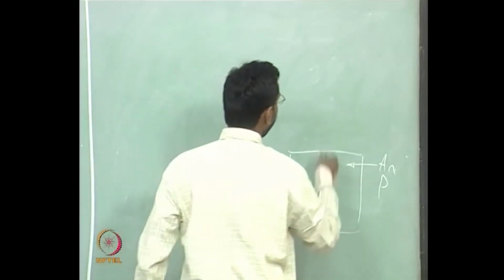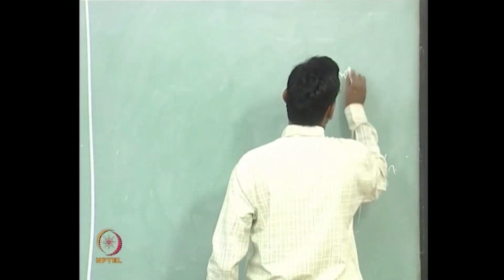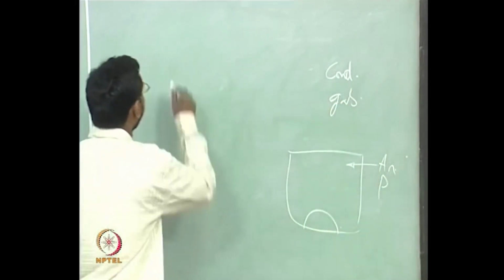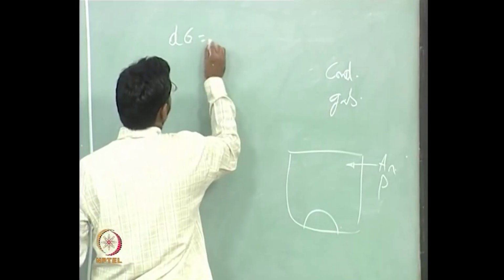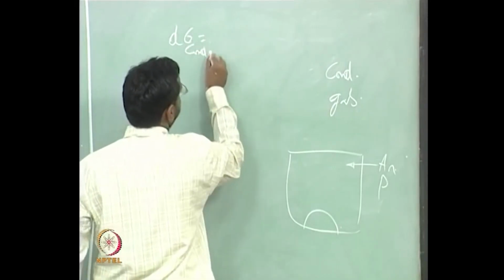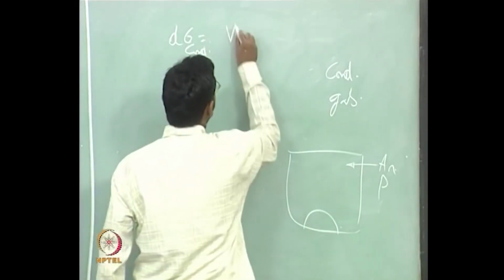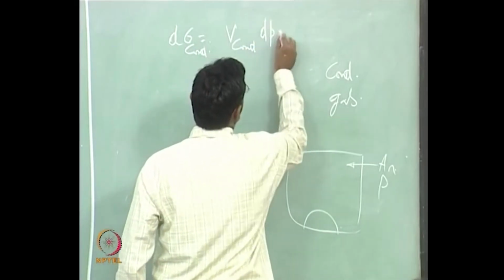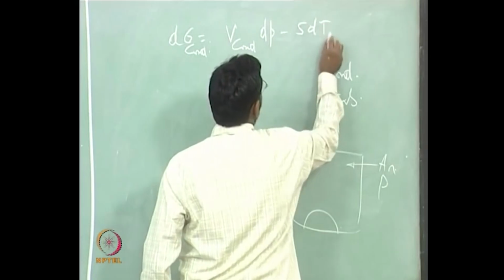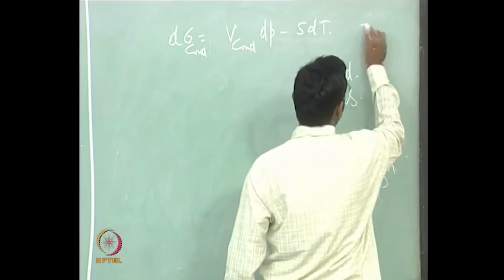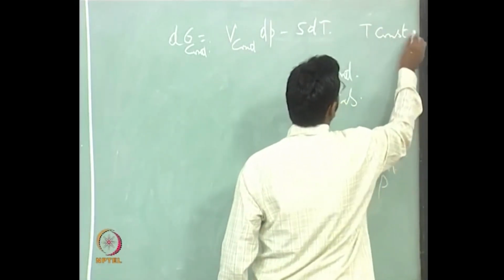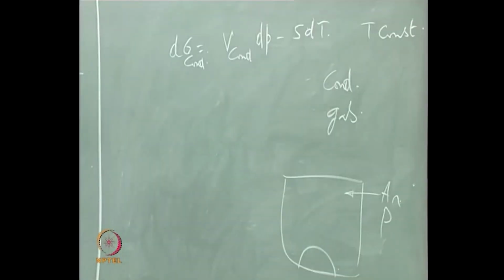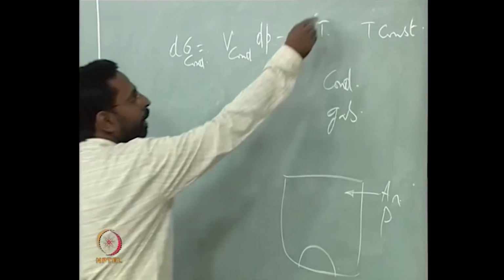In this case we have a condensed phase, we have a gas phase. For both of them, if we write the dG expression, dG of the condensed phase can be written as V of the condensed phase into dP minus S dT, and because we are again calling temperature constant, in principle we can ignore this.